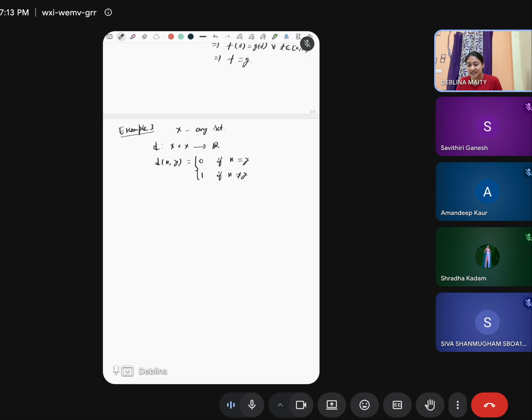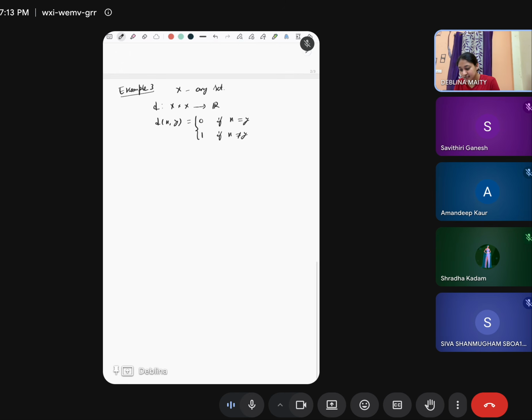So the distance takes only two values, 0 and 1, right? So this d(x,y) is a metric. This d satisfies all the properties. This d is called the discrete metric in X, right?